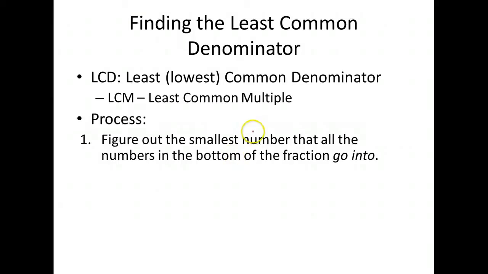Okay, so to figure out what the common denominator is, we want to know the smallest number that all the numbers in the bottom of the fraction go into. Oops, I didn't mean to cross that out. I meant to underline it. Okay, so for example, if I have two fractions, 7/10 and 1 out of 25, I want them to be out of the same number. So what I do is I say 10, 20, 30, 40, 50.